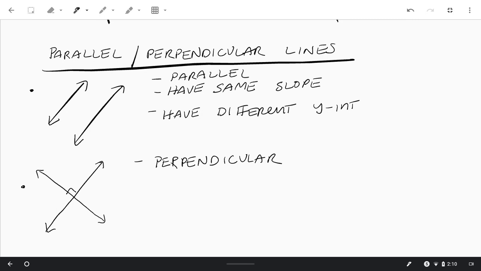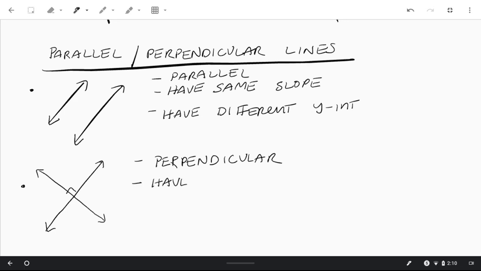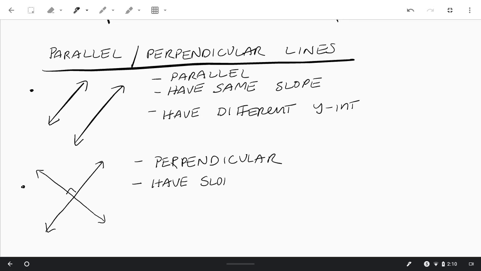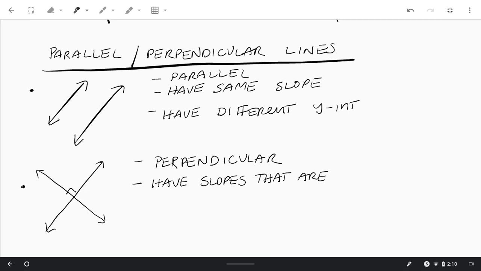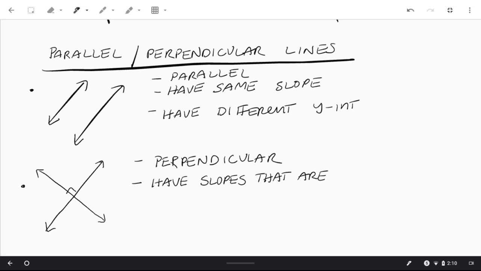Okay, so they actually have slopes that are negative reciprocals.